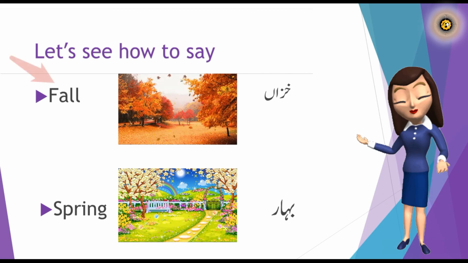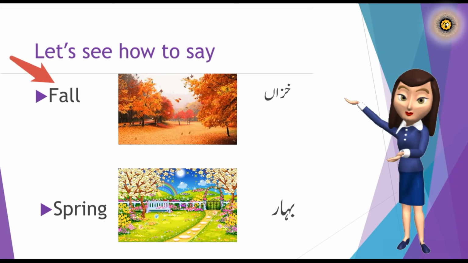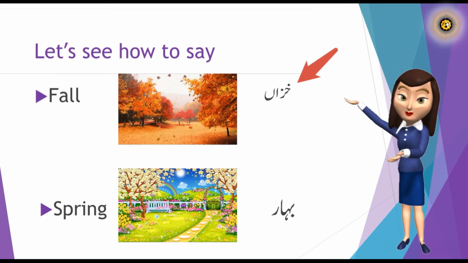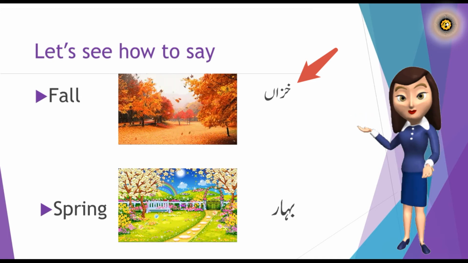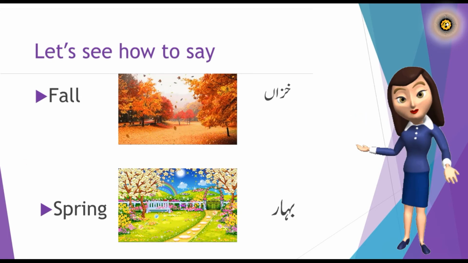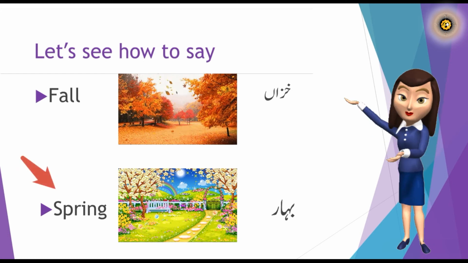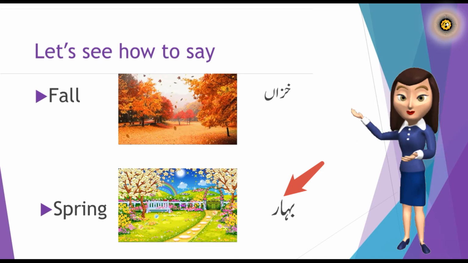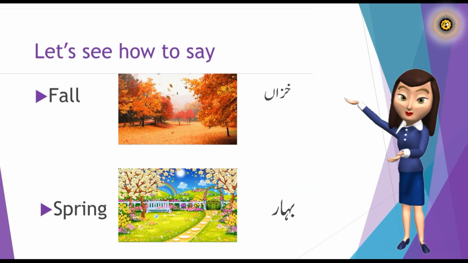In English, we call the season fall or autumn. And in Urdu, we say khizan. Then in English, we say spring. And in Urdu, it is bahar. Repeat many times for practice, alright?